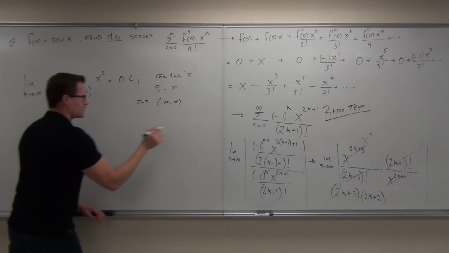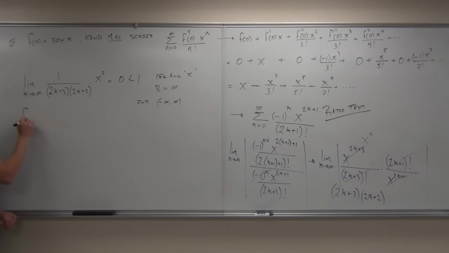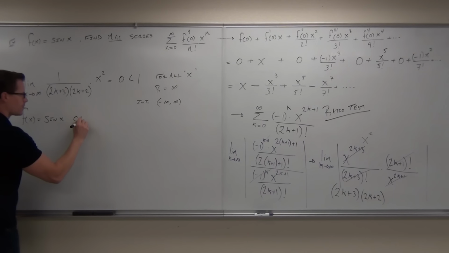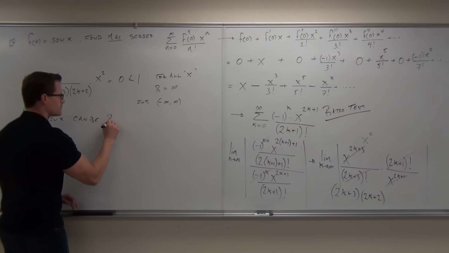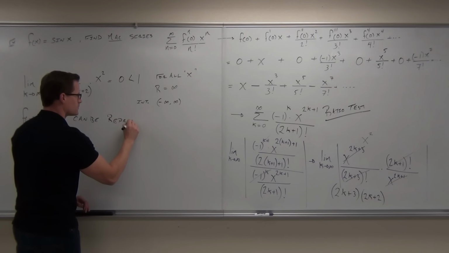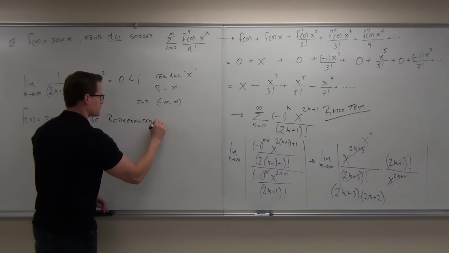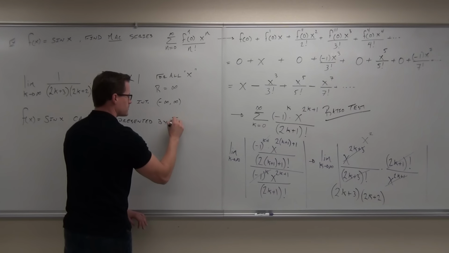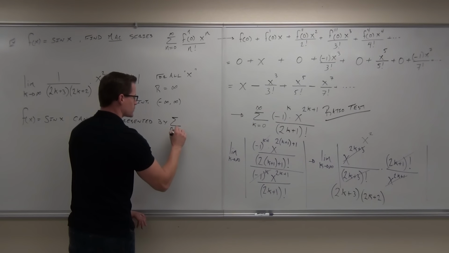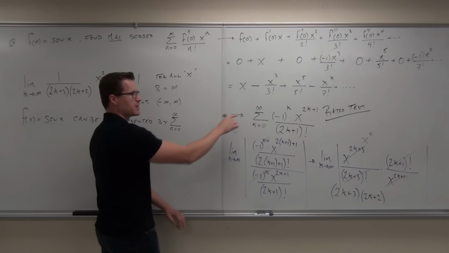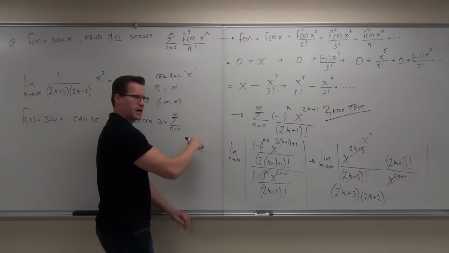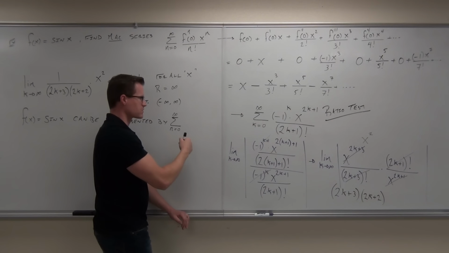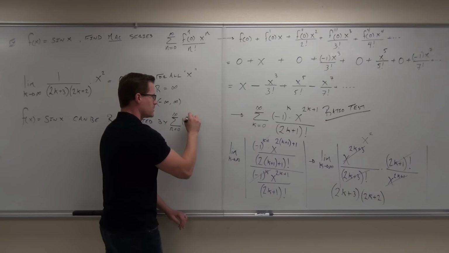So here's what we say, and you write this out. f of x equals sine x can be represented by the series, n equals 0 to infinity of, I'm going to use this series, but I'm going to change it back to n's, just so our format's okay. (-1) to the n.